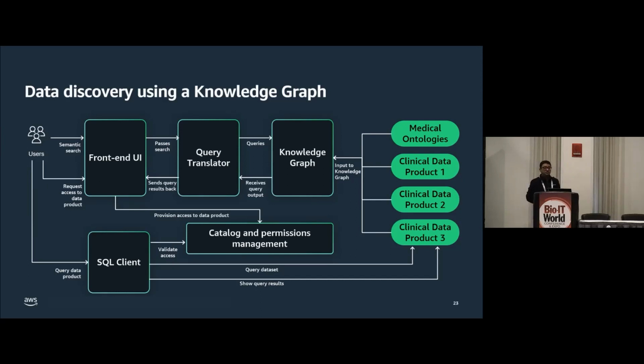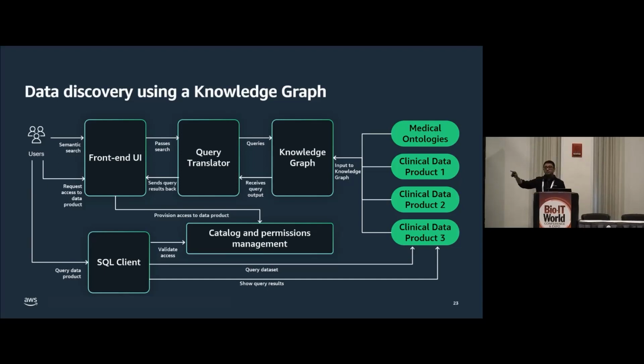This is the user experience I'm going to talk about. As a data analyst, you go to a portal or a UI where you can put in your query, and it could be a semantic query, like Navneet was mentioning. I can put in a search saying that I want to find all female patients that suffered from congestive heart failure between the age of 40 and 50.